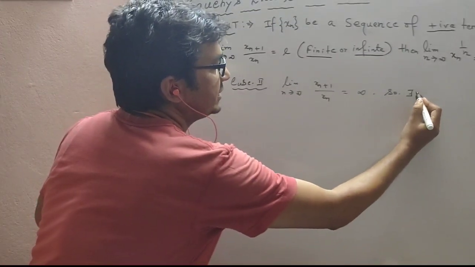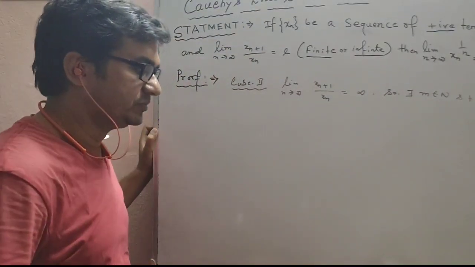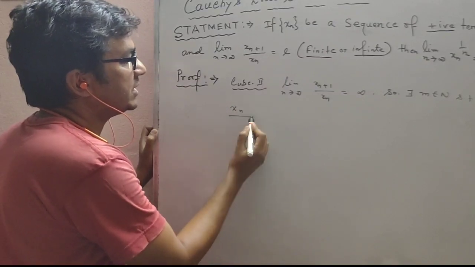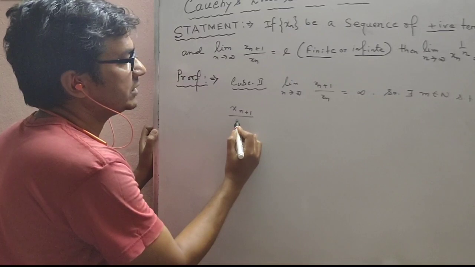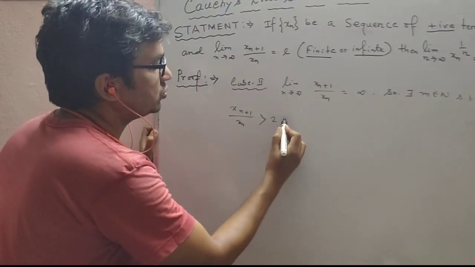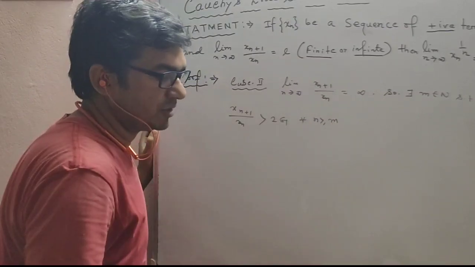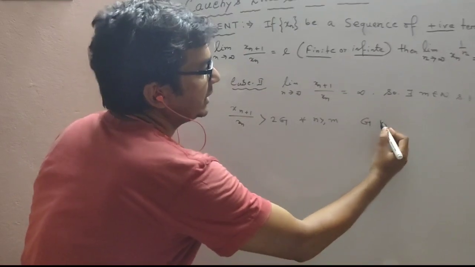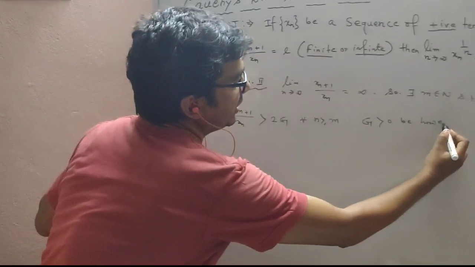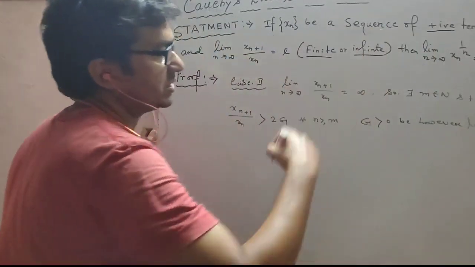So there exists m belongs to capital N such that xn plus 1 by xn greater than 2g for all n greater equal to m, where g greater than 0 being however large number.